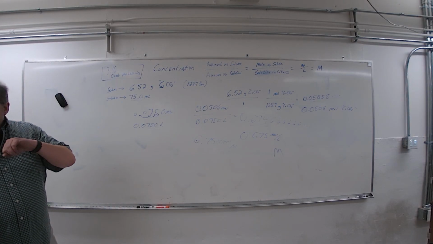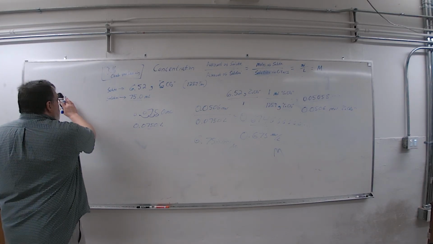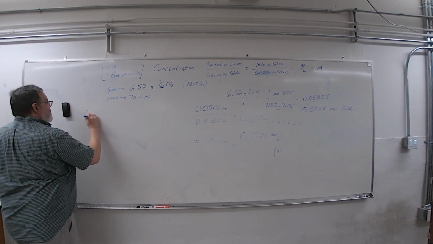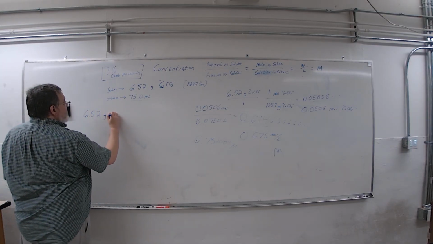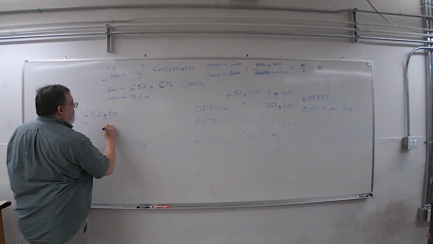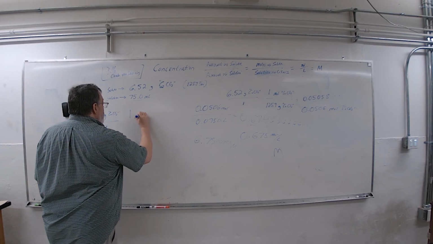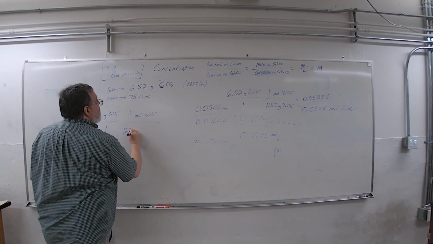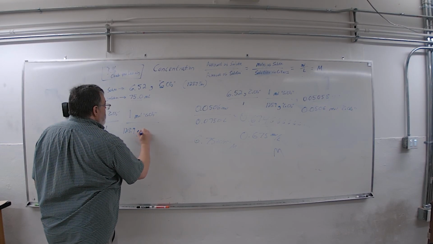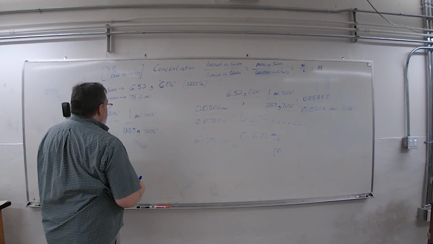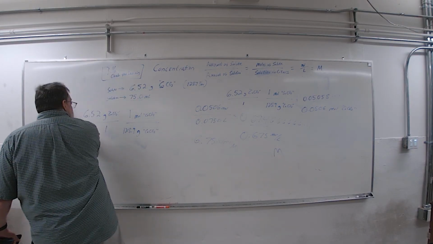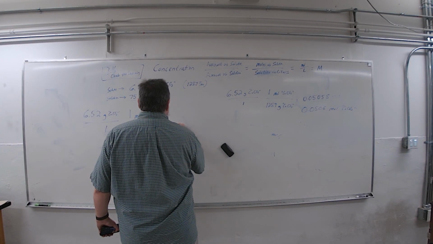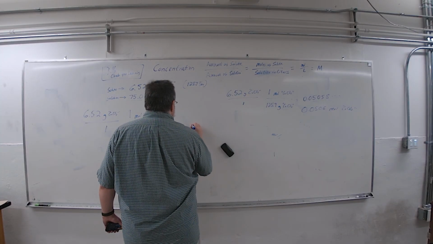Did y'all solve problems like this when you took chemistry before? Did you ever see it like this? 52 grams COCl2, that puts moles up top, solution.